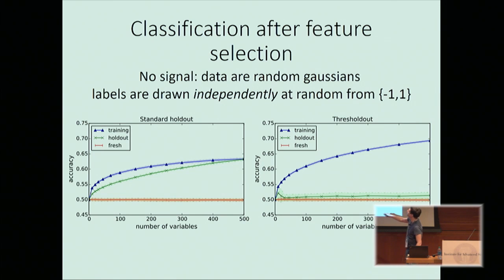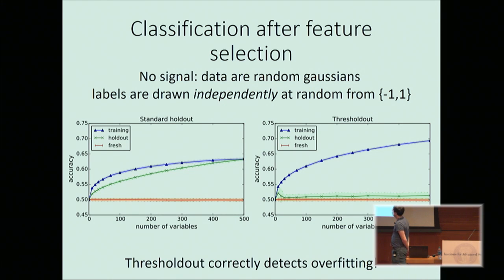So you see when we use the standard holdout method, the analyst greatly overfits the training set, but more importantly, cannot detect this overfitting because he's also overfitting the holdout set. However, when we use the reusable holdout method, the analyst continues, of course, to overfit the training set, but is able to identify his mistake because the error estimated on the holdout set continues to be the correct error. So we can correctly detect overfitting.